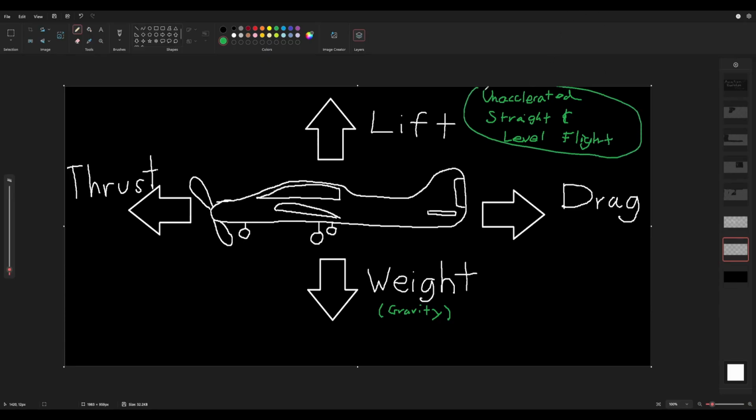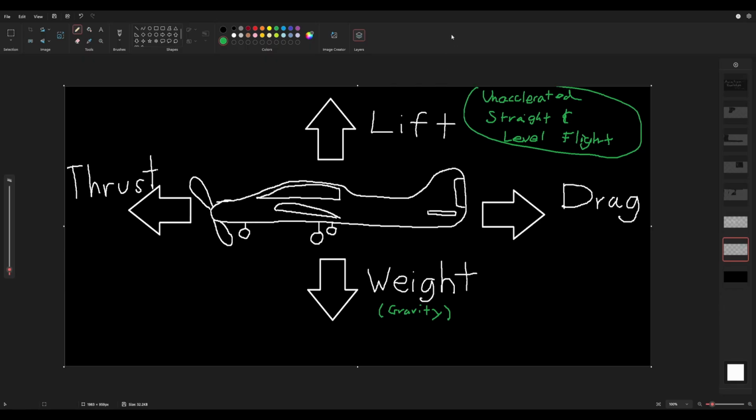So, what this term means is that we are in a flying condition where we're not accelerating, so we're not increasing speed or decreasing speed, and we're straight and level. We're not climbing or getting higher or descending and getting lower.